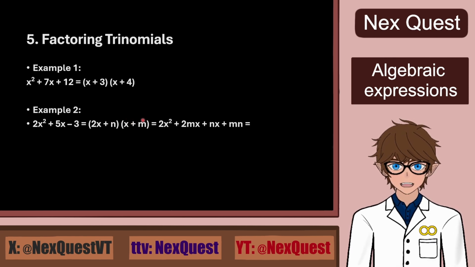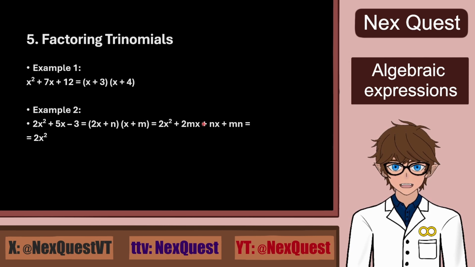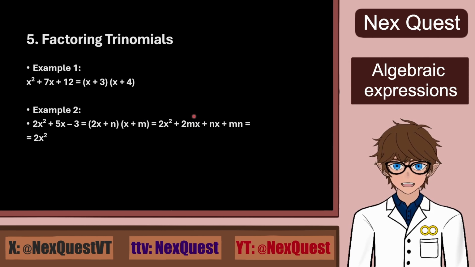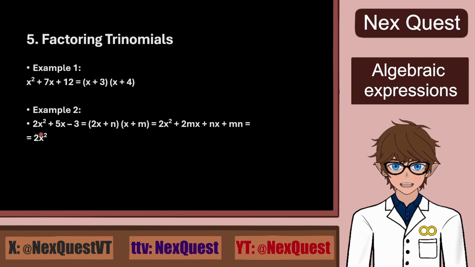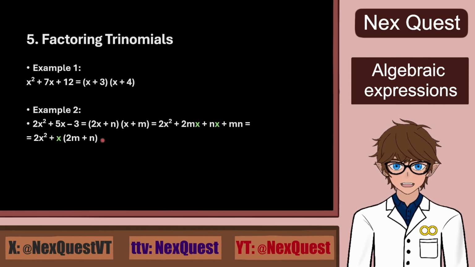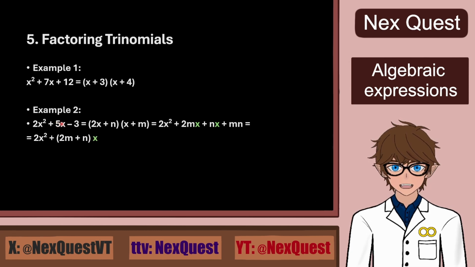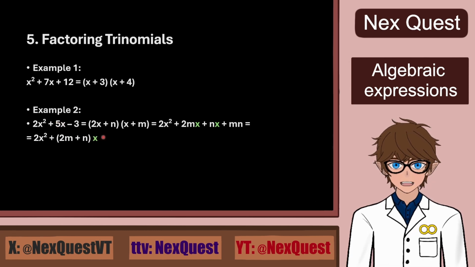If we rewrite this down again, and take out the x from the two terms in the center, we would get 2x squared plus x times bracket 2m plus n. And now, before we continue, we can switch the order of these two, so we put x behind the bracket, so we have a similar form like here, where there's a number multiplied by x. And now we just add over m plus n.